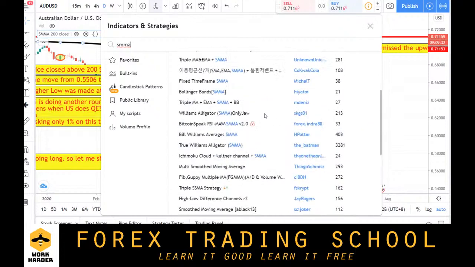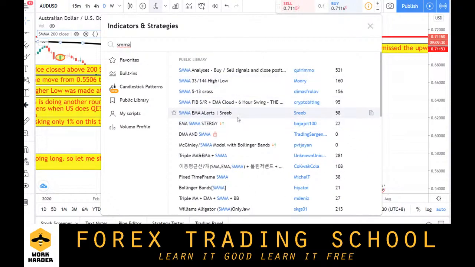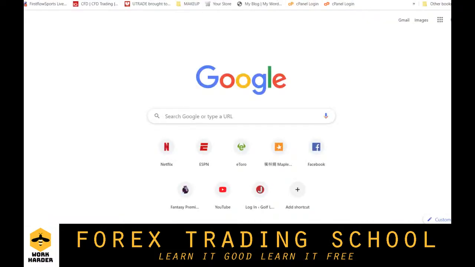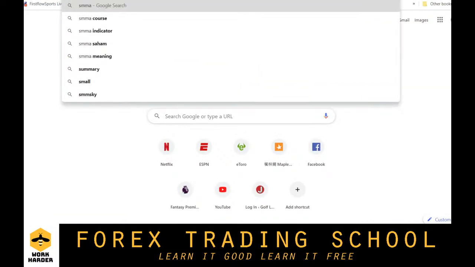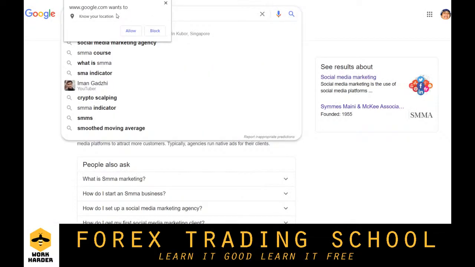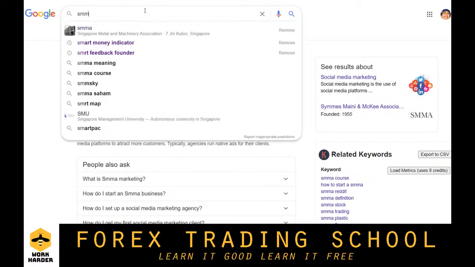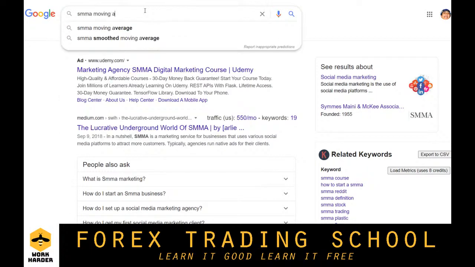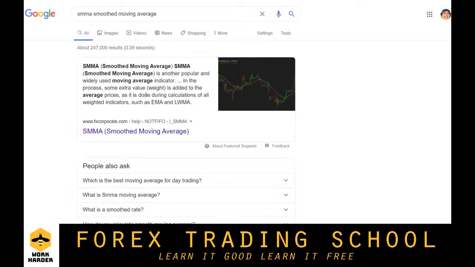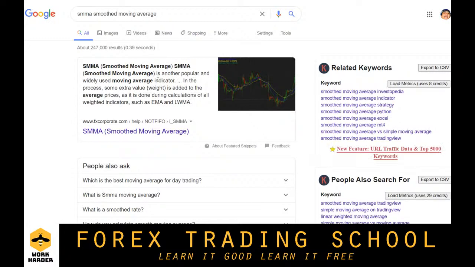There are many over here. You can take your look slowly at what you like. Let me tell you the definition of SMMA. Google it for you. Okay, it means smoothed moving average. A very popular indicator, widely used.